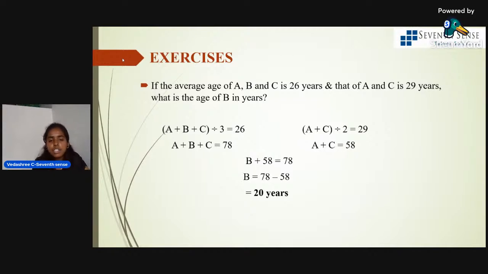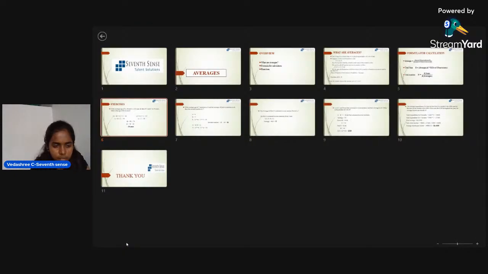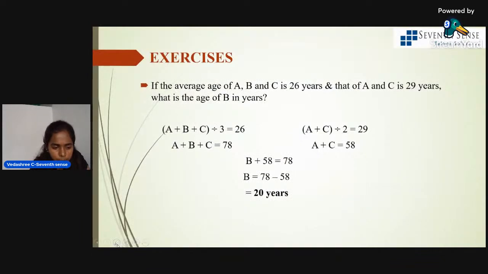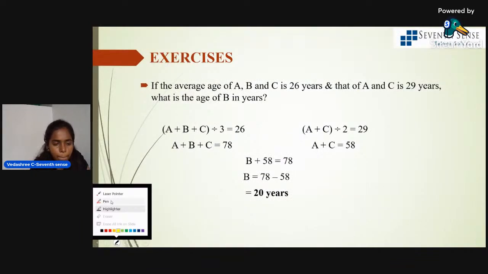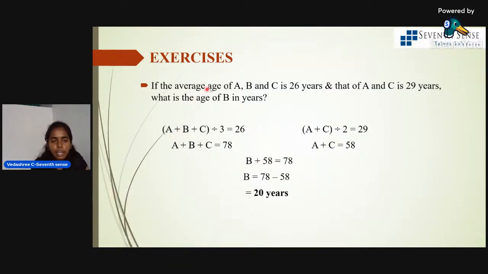So, here the average is given. The average of A, B, and C is given, right? So the average of A, B and C is A plus B plus C divided by 3.